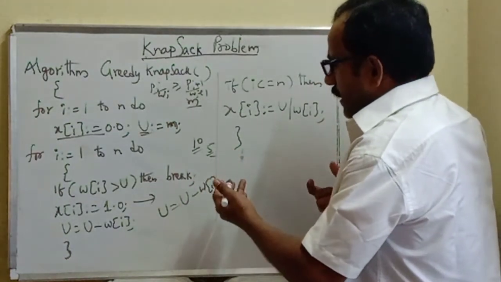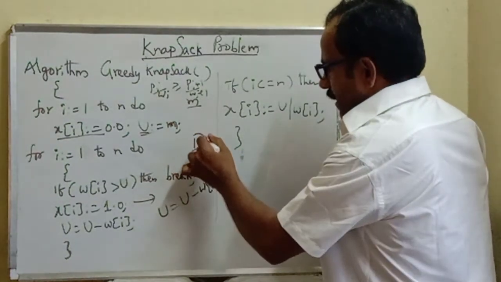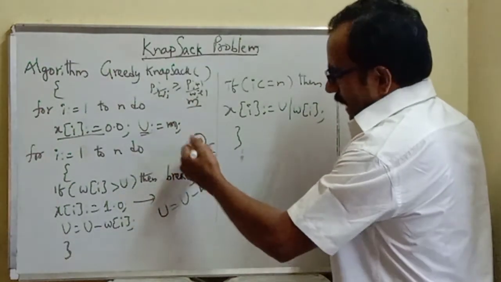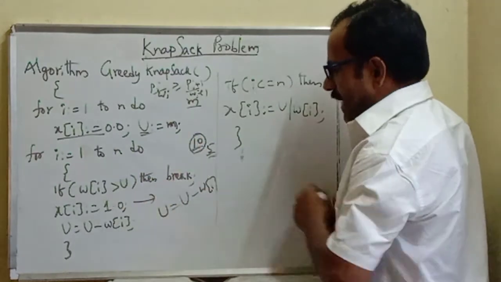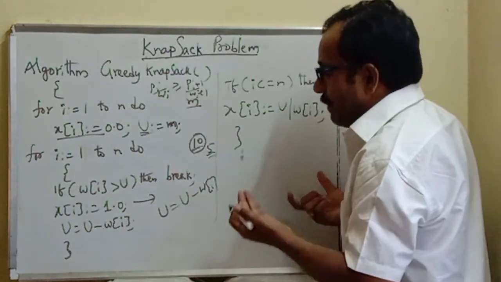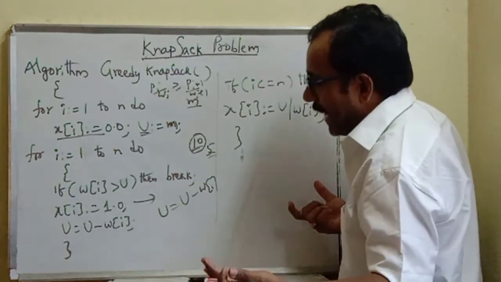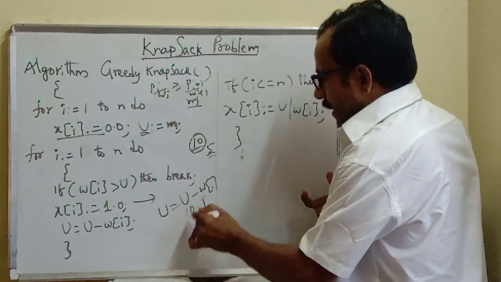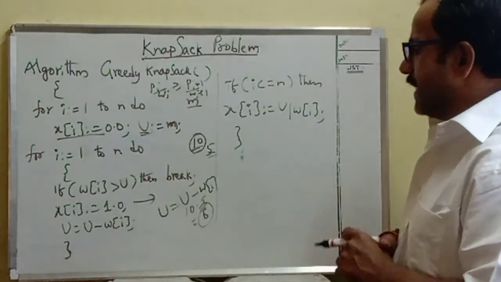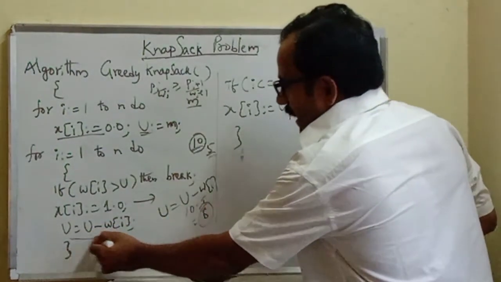Then we can directly place the item completely, because the remaining capacity is greater than the item weight. After placing the item completely into the knapsack, the remaining capacity for selecting the remaining items is 10 minus 5, that is 5. So we are going to use these 5 units for selecting the next item. Like this we can calculate the remaining knapsack capacity.